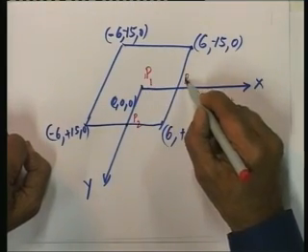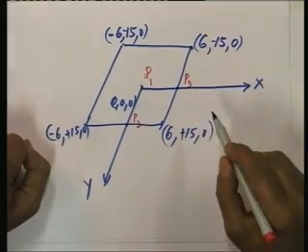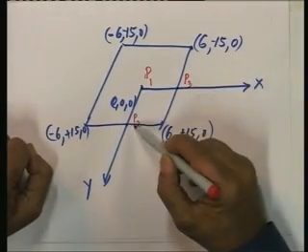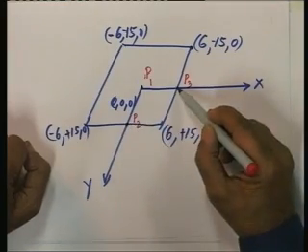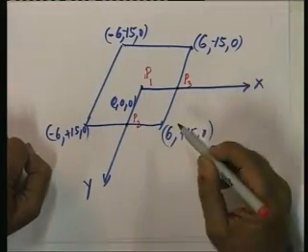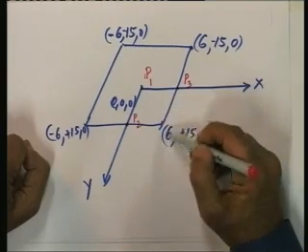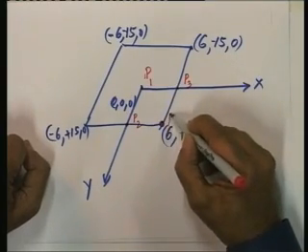This midpoint will be P3. So we have the center, the midpoint of one of the sides, the midpoint of the other side, and then we have 6, 15, 6, that means this corner, this is P4.